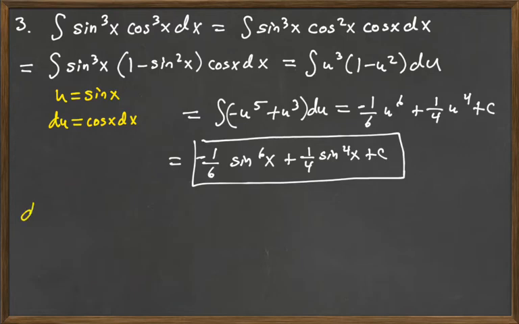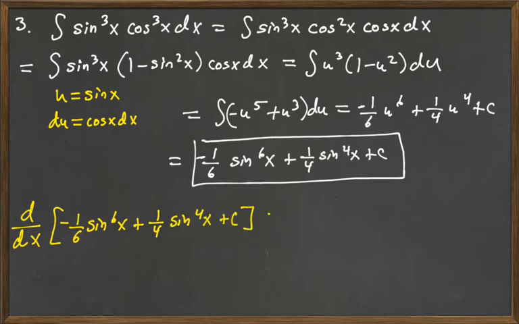And then, of course, if you want to verify it, we could go ahead and take the derivative here. Okay, so that's going to be negative sine to the fifth x, cosine x by the chain rule, plus sine cubed x, and then cosine by the chain rule.